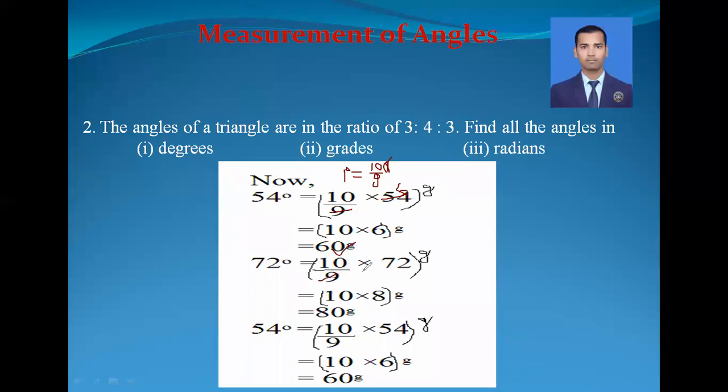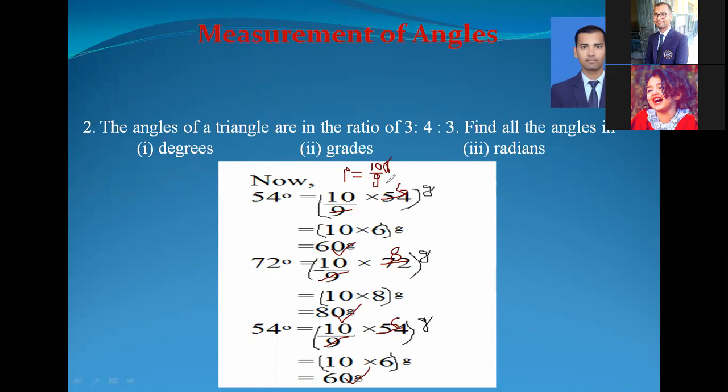Again, 9 8s are 72, so 10 into 8 is equal to 80 grade. Again, 54 degree is 10 by 9 into 54 grade, 9 6s are 54, so 10 into 6 is equal to 60 grade.